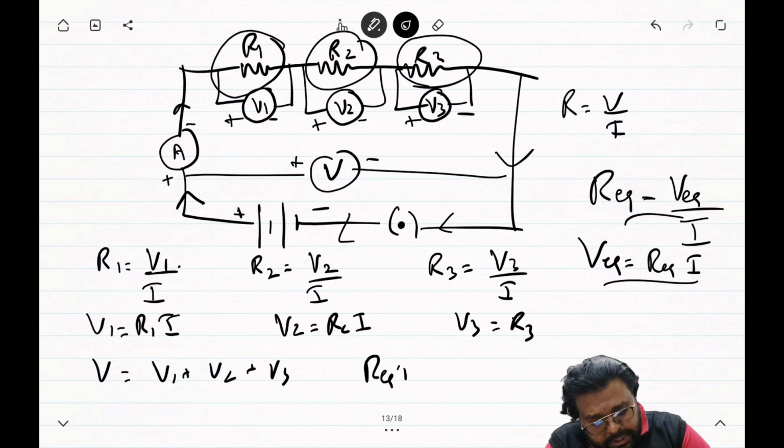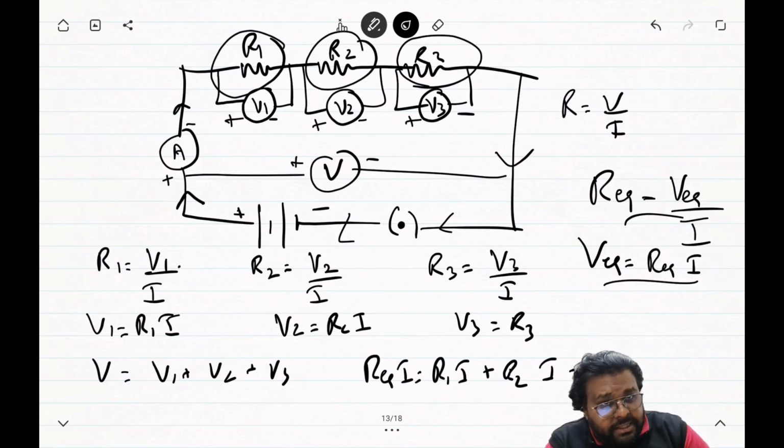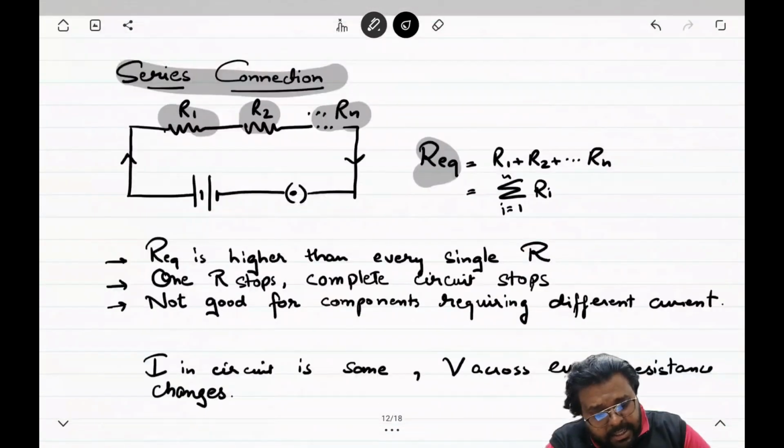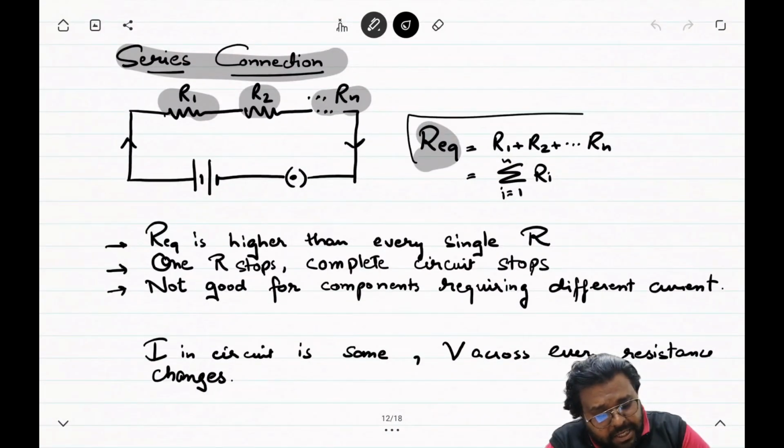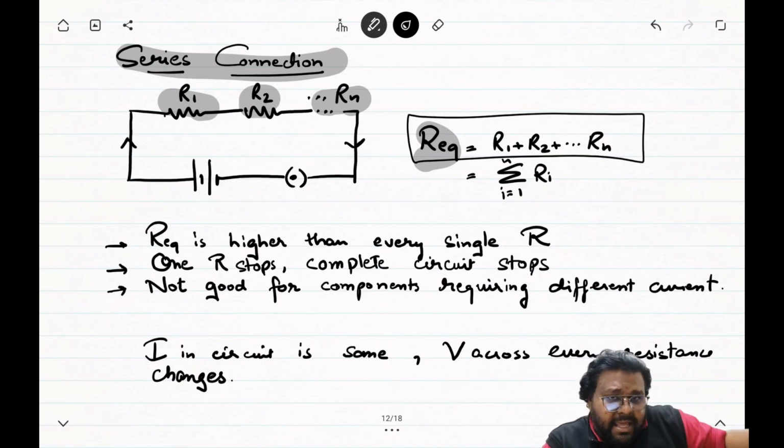So R equivalent I is equal to R1 I plus R2 I plus R3 I. Hence we can cancel I and we get R equivalent is equal to R1 plus R2 plus R3 plus up to Rn. That means it is the summation of all the resistances. So R equivalent in series is always higher than every resistance in the particular series.